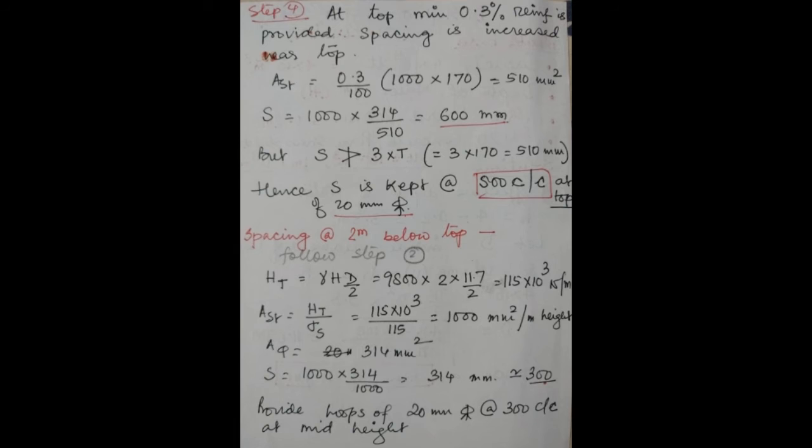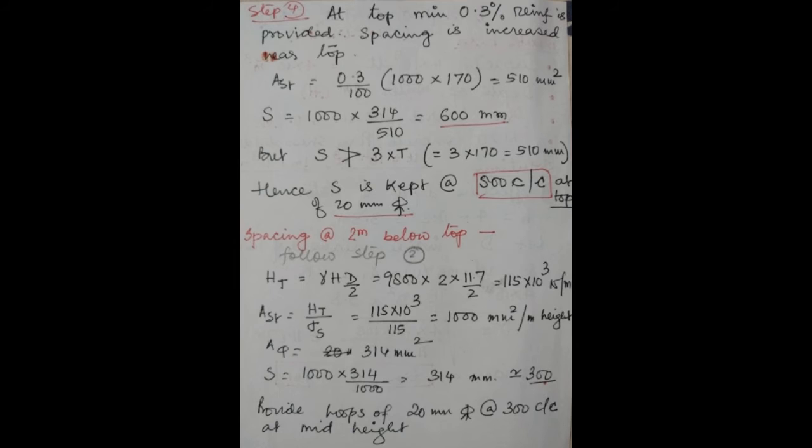Now step number 4. In the IS code it is specified that at the top of the tank minimum 0.3% reinforcement is provided, and spacing is also increased near the top. So AST is equal to 0.3%, means 0.3 divided by 100 multiplied by 1000 into 170.